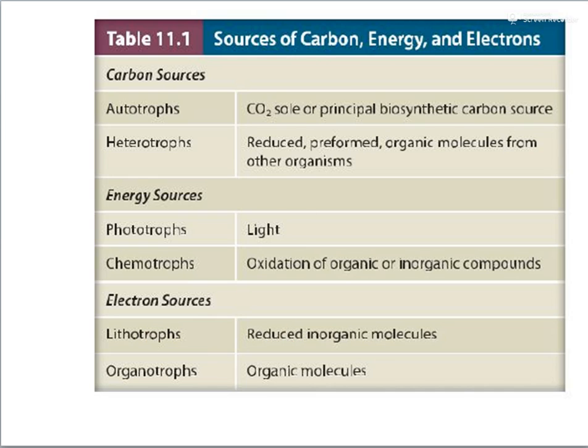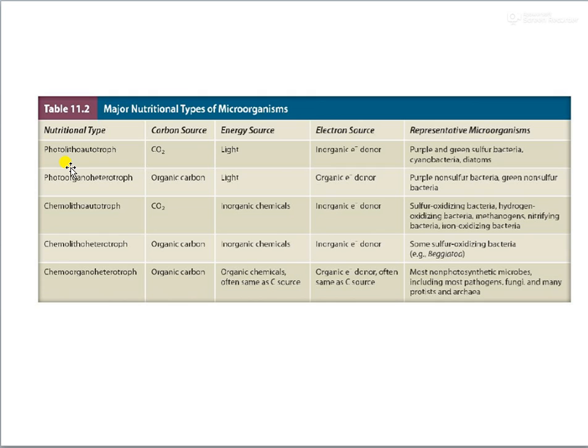So, depending upon the carbon, the energy and the electron sources, there is a wide range of microorganisms. They are called photolithoautotrophs, photoorganoheterotrophs, chemolithoautotrophs, chemolithoheterotrophs, and chemoorganoheterotrophs, based upon their carbon source, their energy source, as well as their electron source. All of carbon, energy and electron sources are needed, only then can they synthesize ATP on their own.